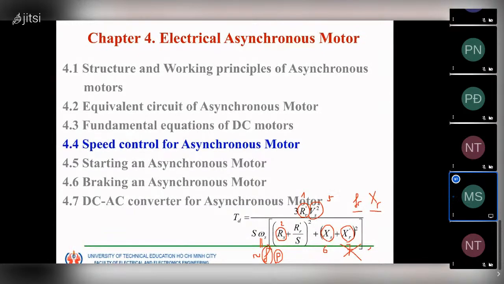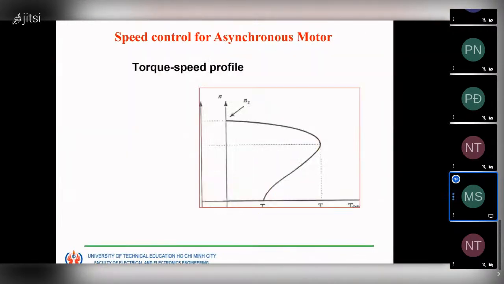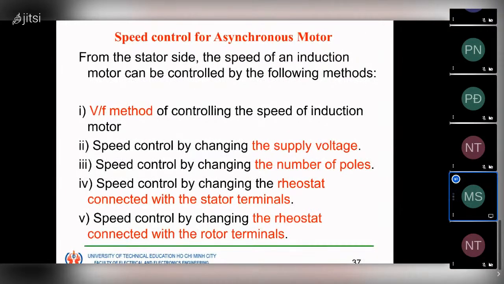So we have 6 control methods. Number 1, we change voltage supply. However, in this case, the setup is the voltage frequency method, and I will explain it later. Number 7, you can change number of poles. You can change the rheostat connected to the stator terminal.